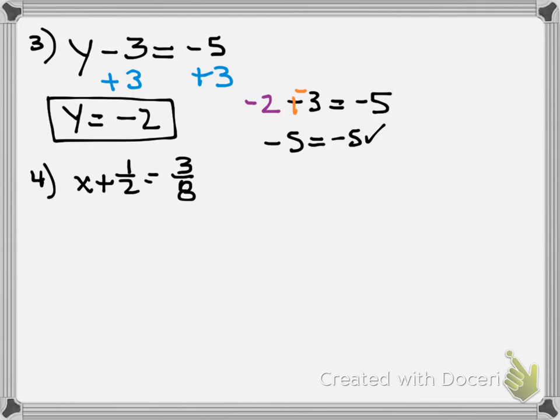I'm going to subtract 1/2 from both sides. So now what I have for a problem, because this gives me 0, is 3/8 take away 1/2. But I can't do that because they don't have the same denominator. So I'm going to have to create what we call equivalent fractions. They need to have the same denominator.